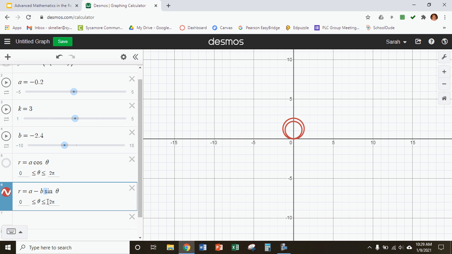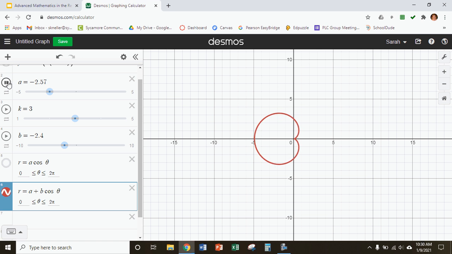And then we can change it to cosine. So just highlight the sine and retype over that with cosine. I'm going to make it a positive again, just so we can see that one first. So you can see if it's positive, it wraps around either one side of the x-axis or the y-axis first.